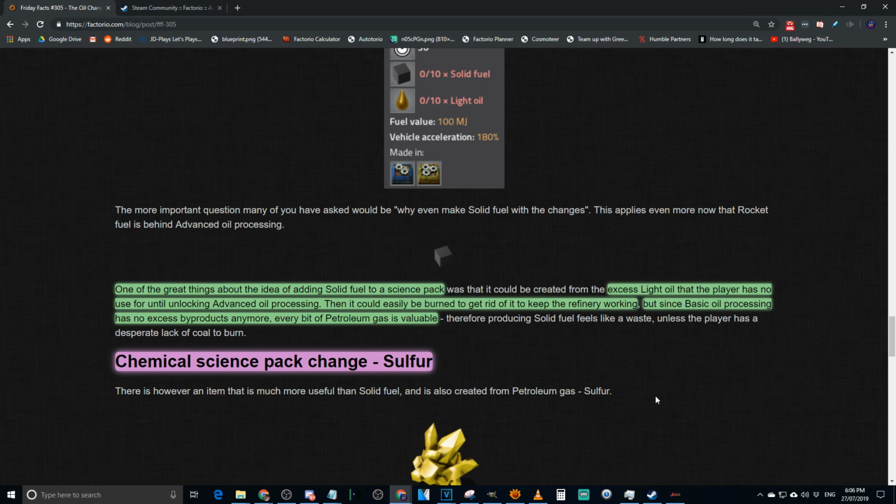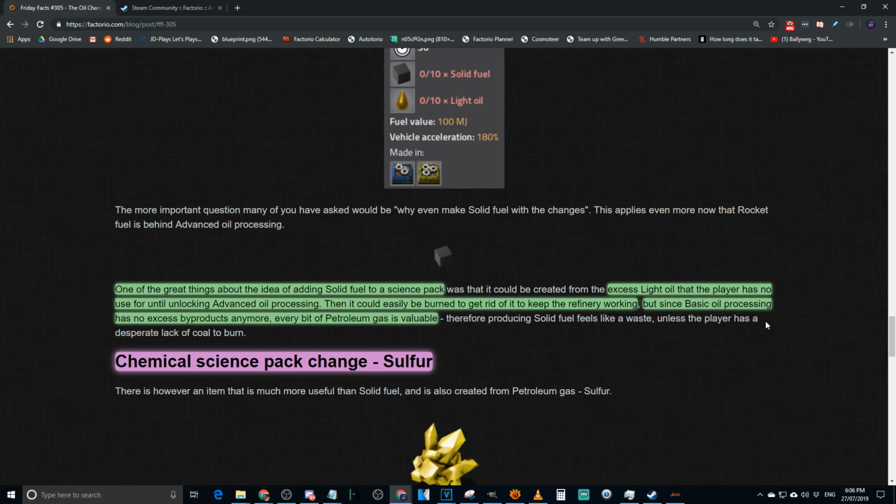Yeah. So one of the great things about adding solid fuel to a science pack was it could be created with the excess light oil that the player has no use for until unlocking advanced oil processing. They can be burned off to get the refinery working. So this was the old idea, in version 17. I remember this.